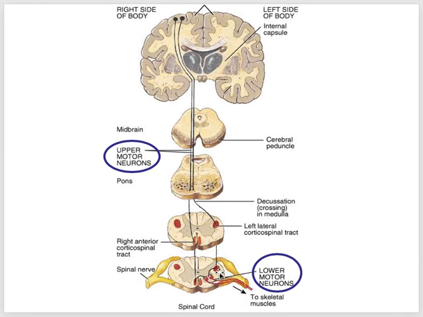Okay, so most of the fibers, around 80%, cross over and make the lateral corticospinal tract. Fewer of the fibers go down on the same side, and before leaving the spinal cord, they cross over.